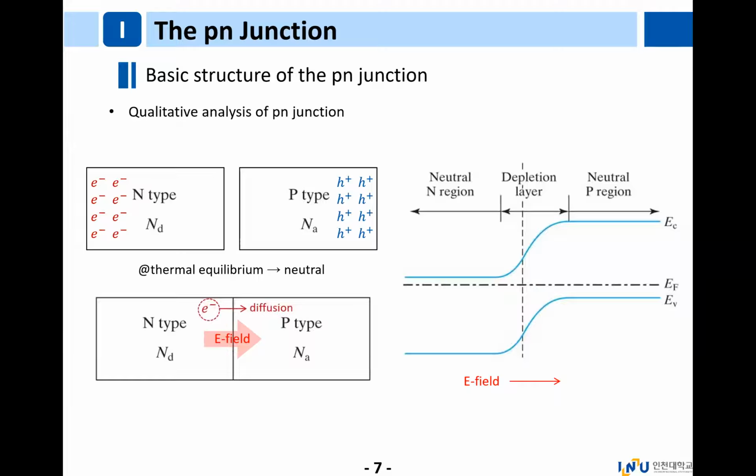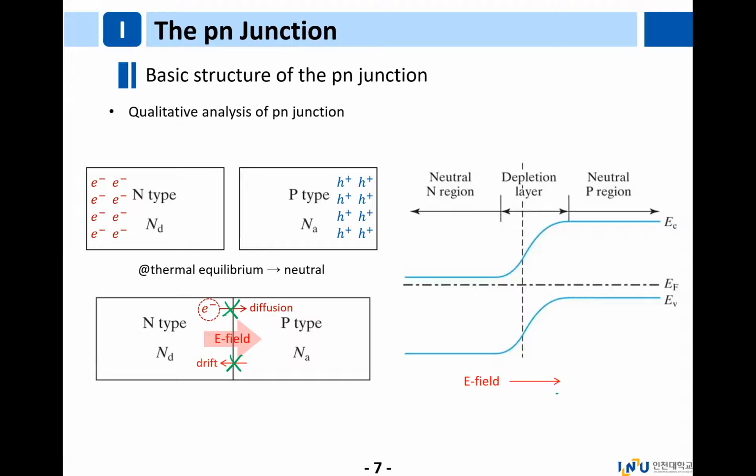But the electric field induced drift is in the left direction. As a result, these two effects cancel out, preventing electrons from diffusing further.